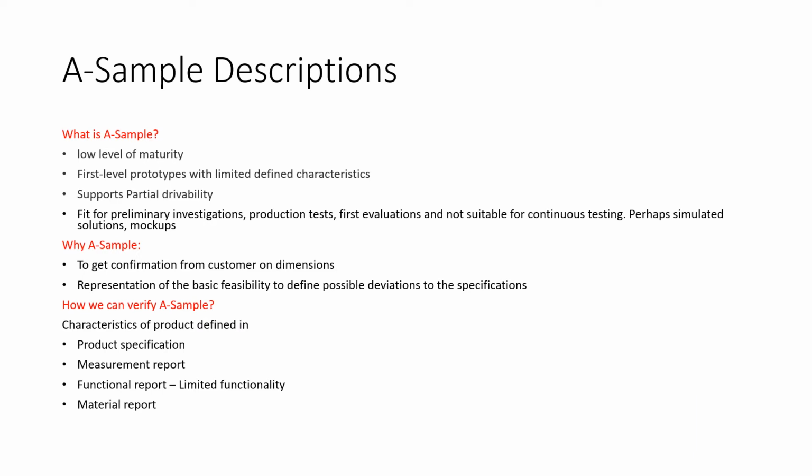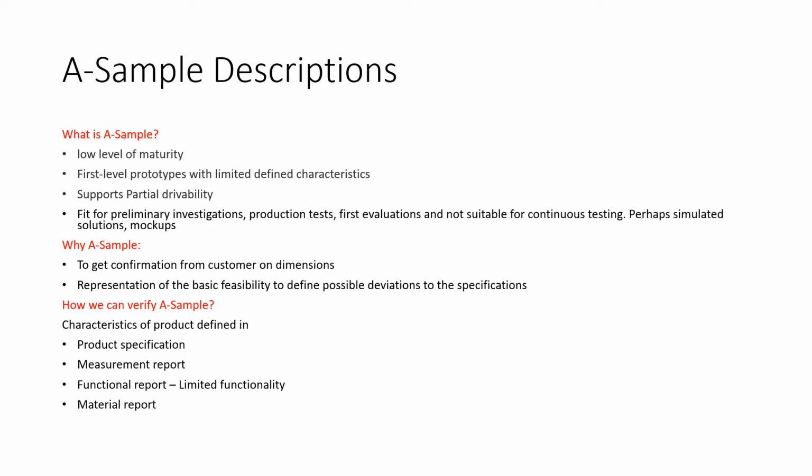What is A sample? A sample is a first level prototype with limited defined characteristics. So it is low in maturity level and it supports partial drivability. That means you may or may not install it in a test vehicle under test. It is fit for preliminary investigations.